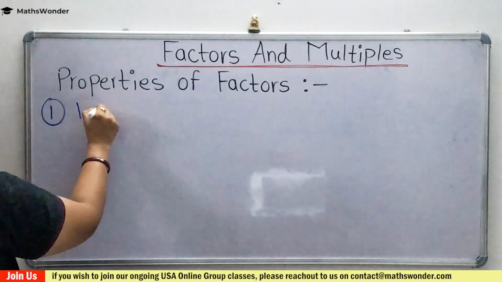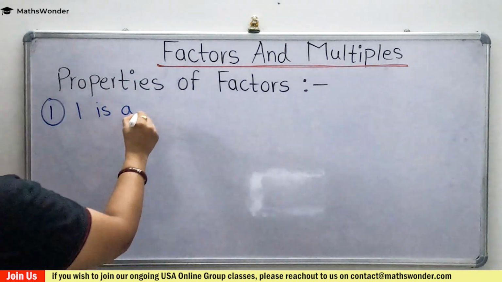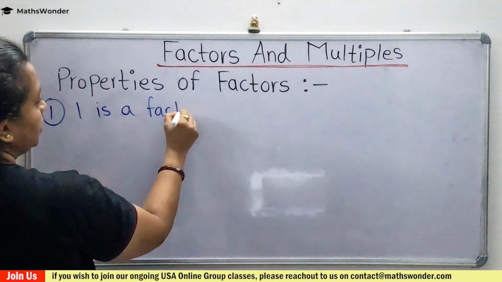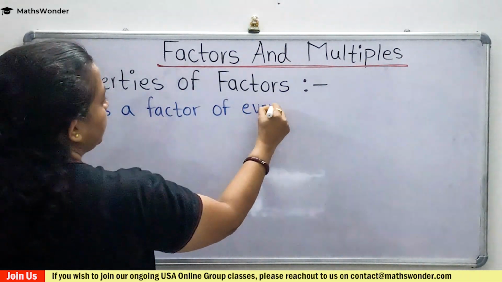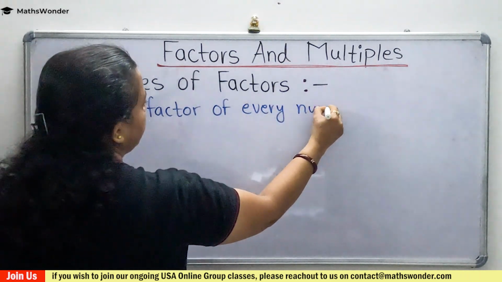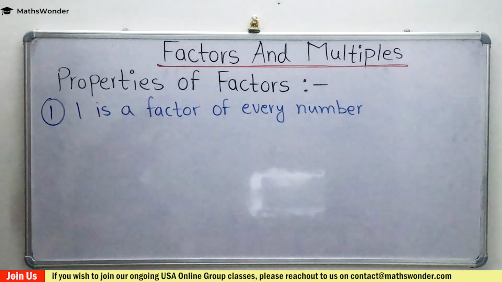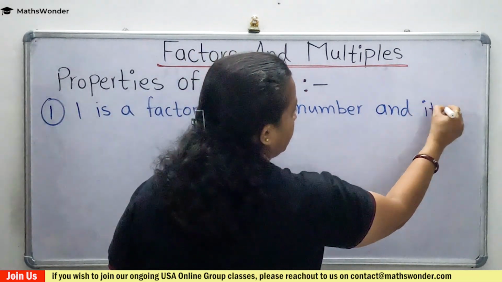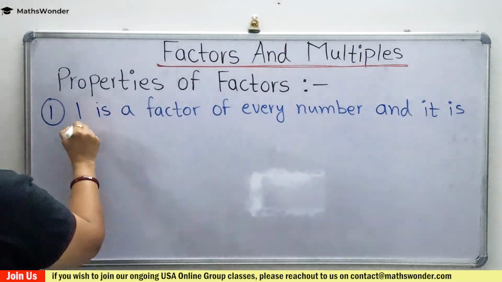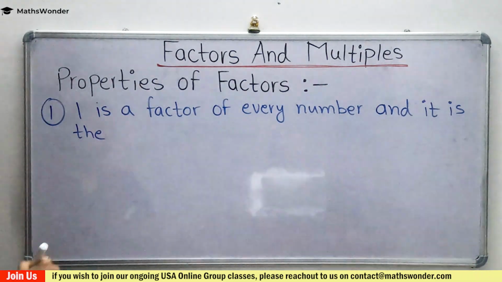So write down: 1 is a factor of every number and it is the smallest factor of that number.